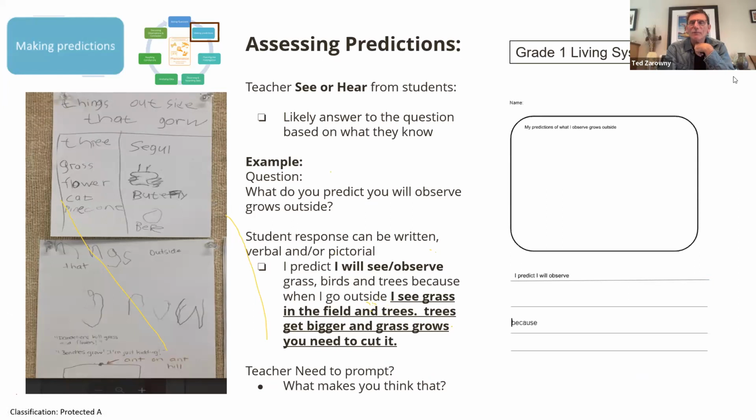One of the questions that flipped by was the distinction between a hypothesis and a prediction. A great question. A prediction is what you think will happen, and there's obviously a reason behind it. And a hypothesis in our curriculum is a scientific explanation of what is going to be happening. So for example, in grade 6, they're going to be focusing on testing their controlled and independent, their manipulated and responding variables.